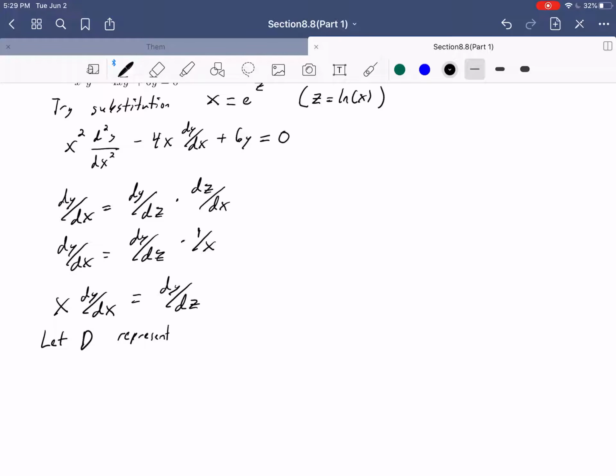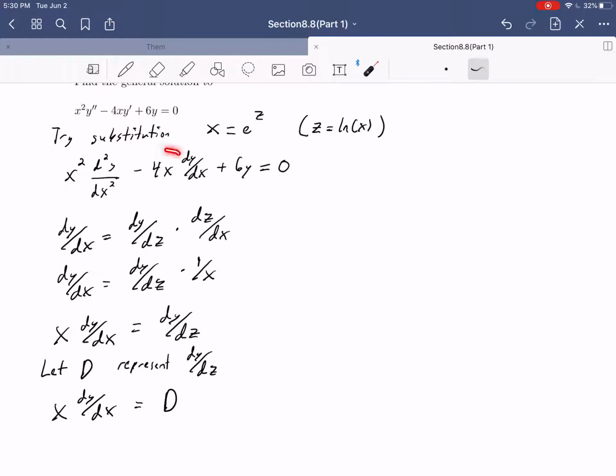So we're going to let this letter D, that operator, represent dy/dz, the derivative of y with respect to z. So we've just gotten that x dy/dx is equal to this operator D. That tells us that this component right here becomes reduced, not as minus 4x dy/dx, but as minus 4D, because that x dy/dx is equivalent to the derivative with respect to our new independent variable z.